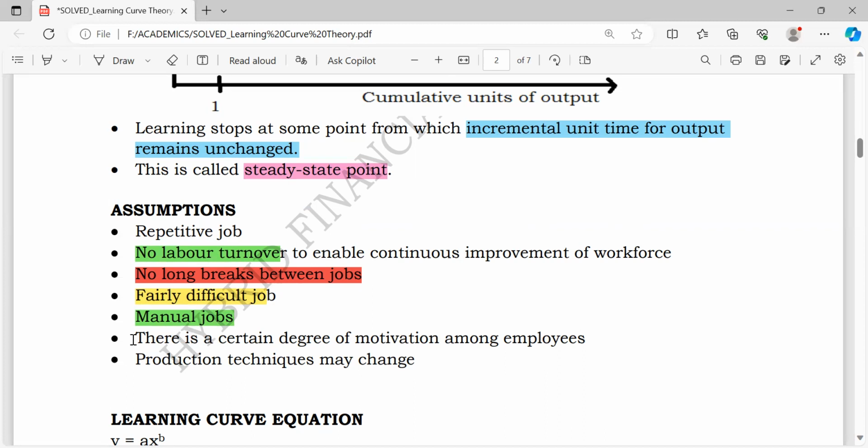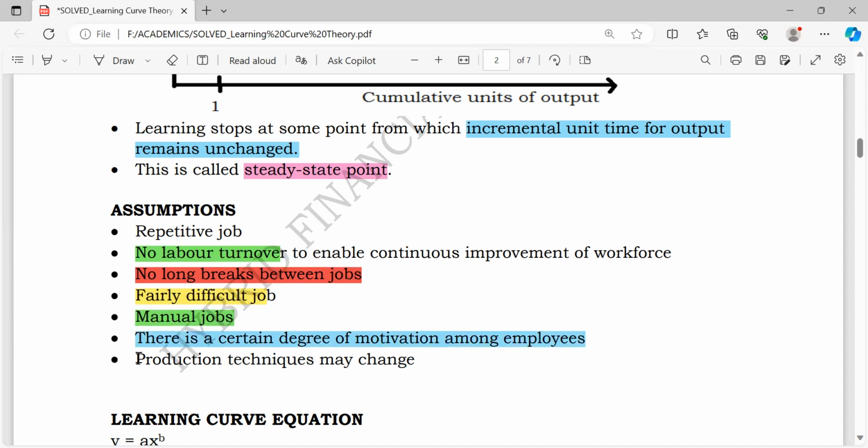Then we say there is a certain degree of motivation among employees. There should be some degree of motivation, because if labor is not motivated, they won't even learn quickly, as expected. And lastly, production techniques should not change. Here I mean should not change, not may change.